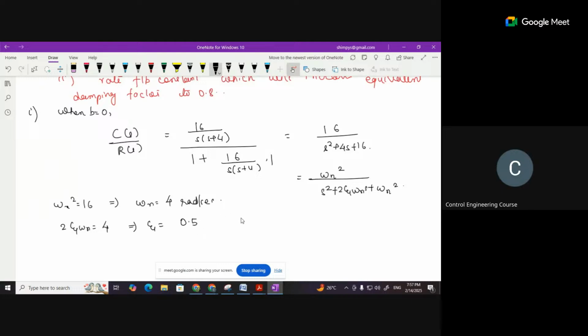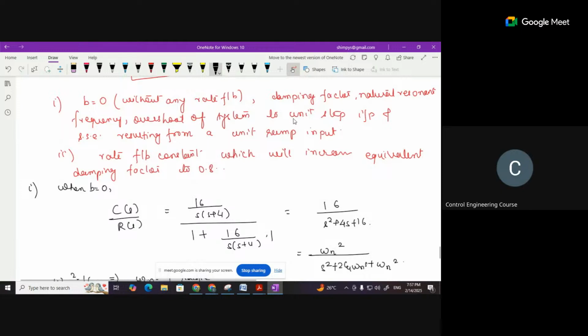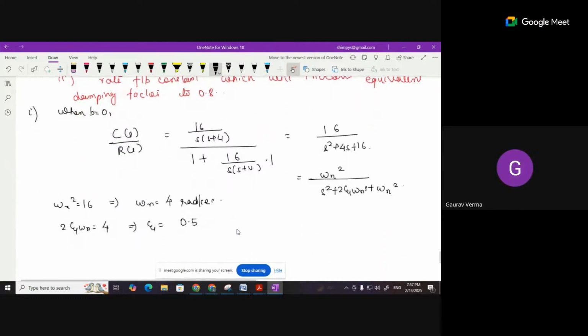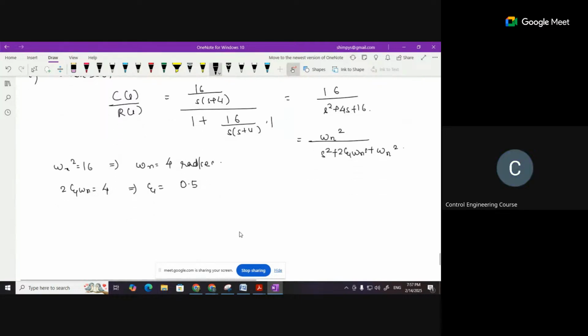Clear? So you have been asked the natural resonant frequency, that is omega n, right? And you have to find out the peak overshoot, which is Mp equal to e to the power minus pi zeta by root over 1 minus zeta square.